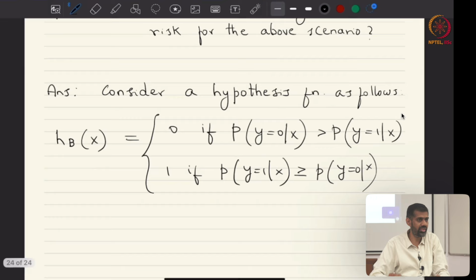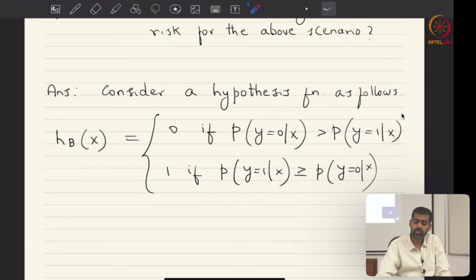So I define a classifier or a hypothesis that would assign class 0 if the posterior of y equal to 0 given that particular x is larger than the posterior of y equal to 1 given x, and the other class otherwise. So it just looks at the posterior of y, evaluates it for both the classes, and chooses the class based on which one is higher.